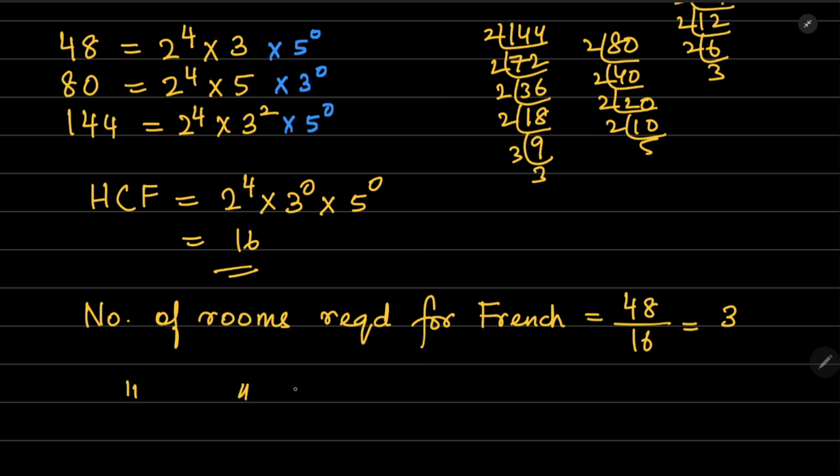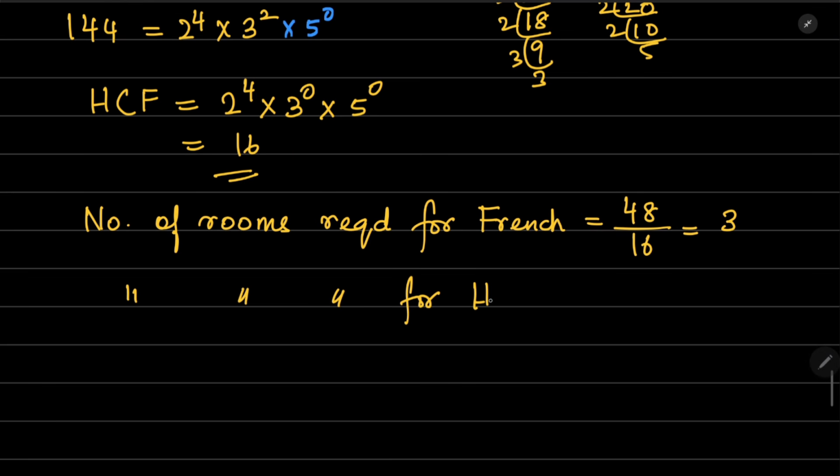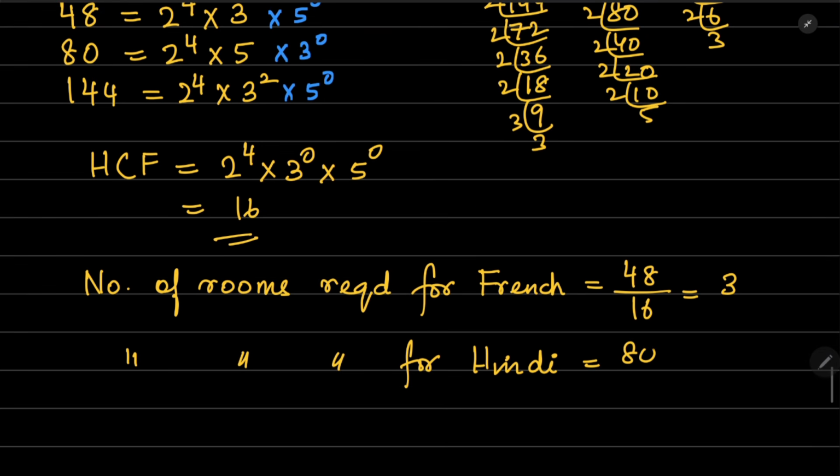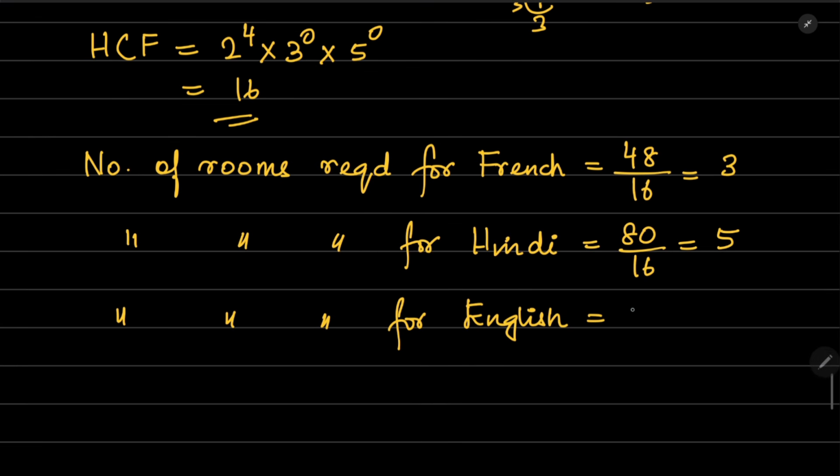Again, the number of rooms required for the next subject, which is Hindi, will be 80 divided by 16. Okay, so you will get 5. And the number of rooms required for English will be 144 divided by 16.